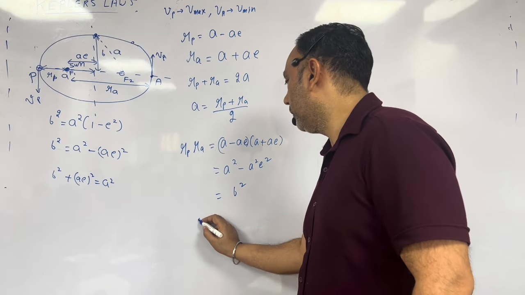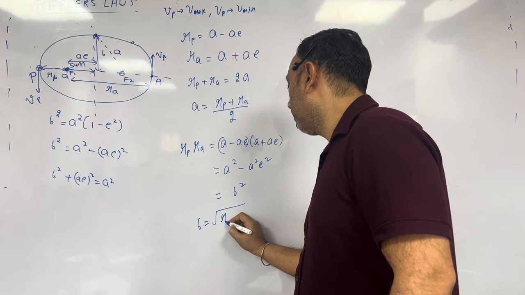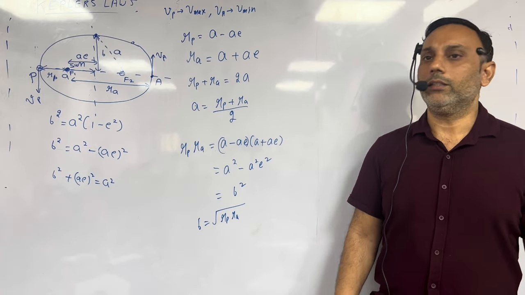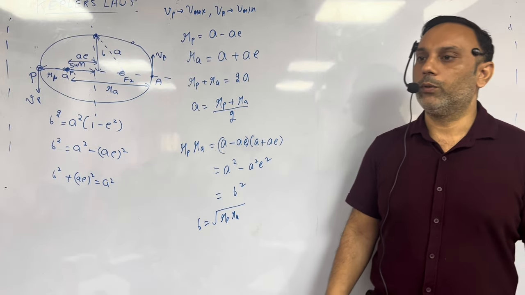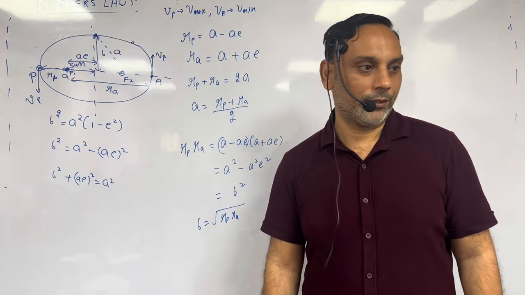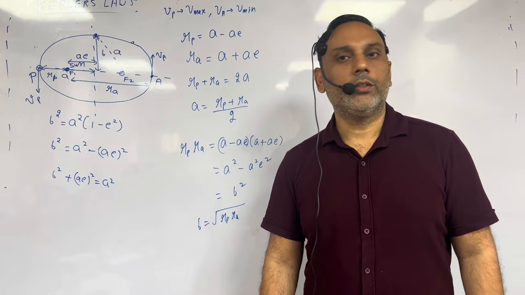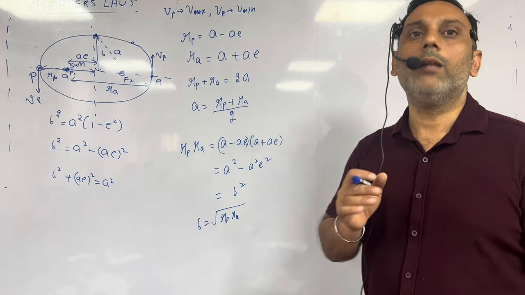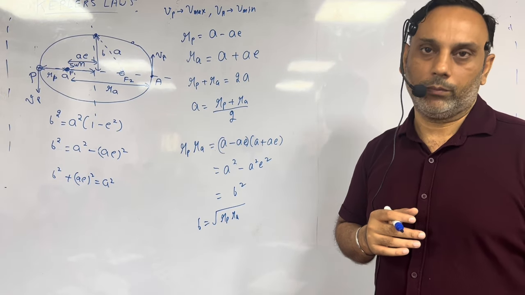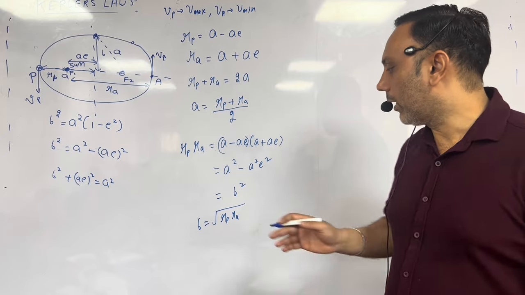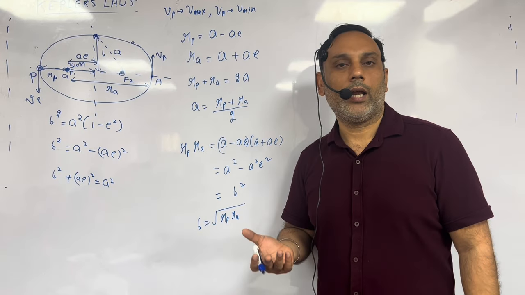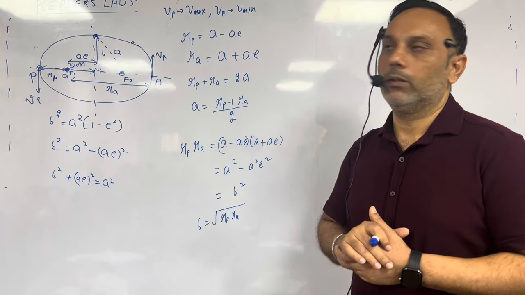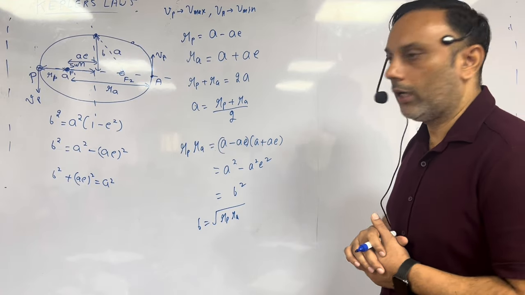So B is equal to the square root of Rp into Ra. It means the semi-minor axis is the geometric mean of apogee distance and perigee distance. These things are very helpful in solving complex problems, because sometimes Rp and Ra are given indirectly and we require the semi-minor axis.